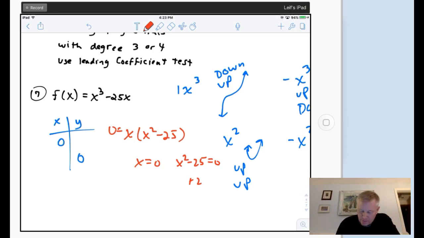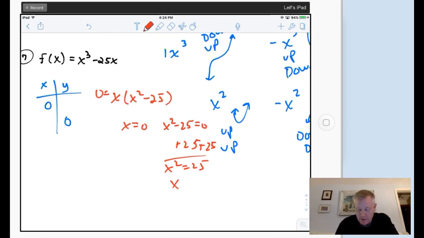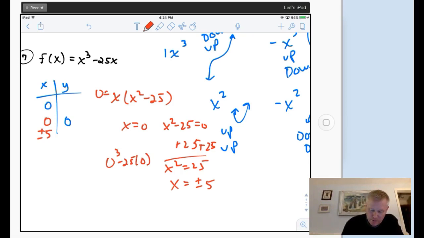And if I add 25 to both sides, I get x squared equals 25, and take the square root of both sides, get x equals plus or minus 5. So I got three zeros there. I got 0 and plus or minus 5. And if I plugged in 0 for x, I get 0 cubed minus 25 times 0, which would also give me 0.